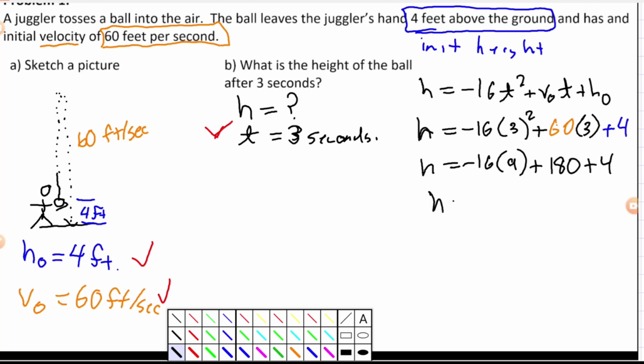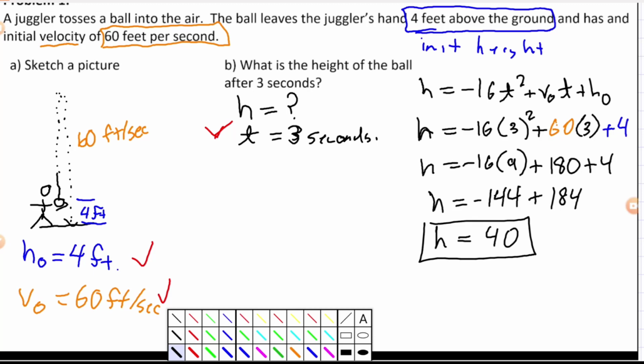So h is equal to, what's 16 times 9? 16 times 9 is 144. So -144 plus, and I'm going to add those up, so that's 184. And so my total is 40.